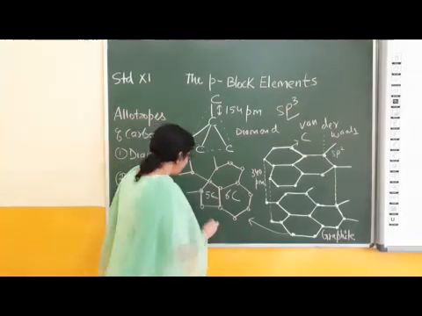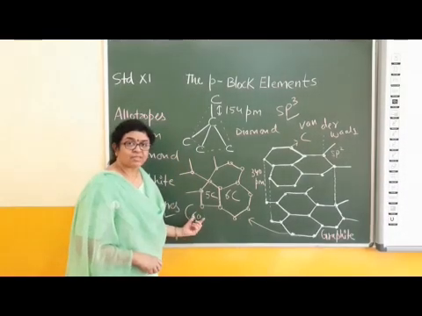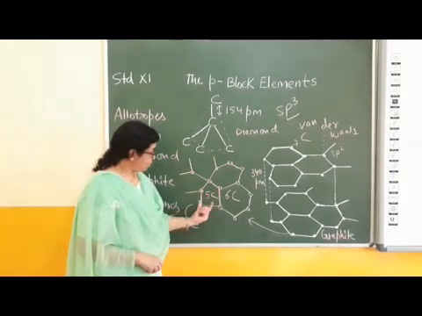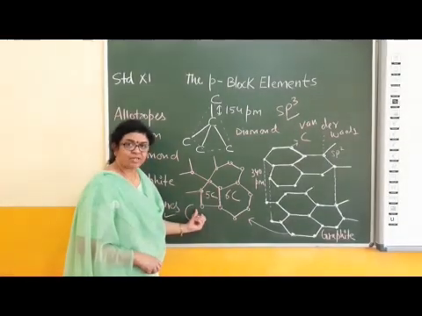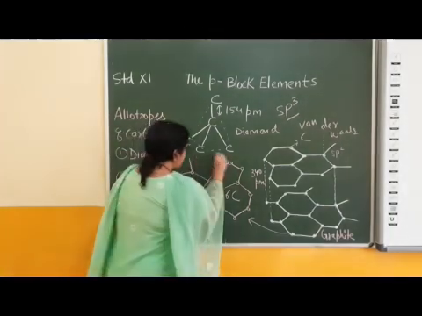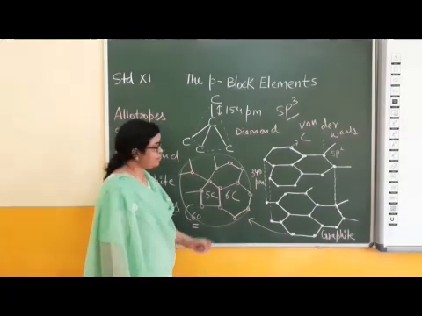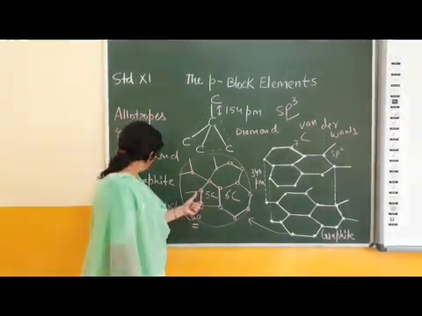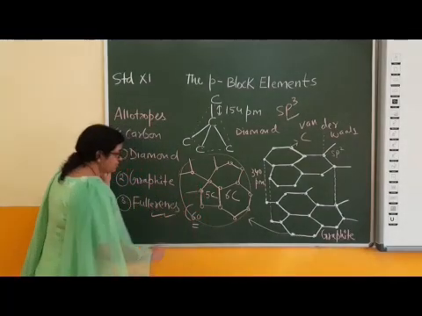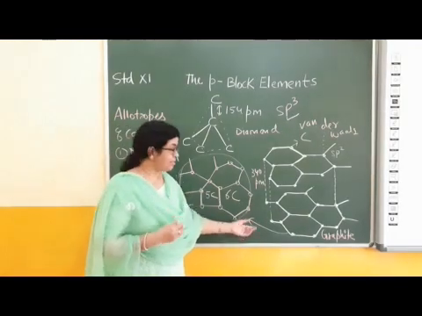Minimum C60 arrangement is obtained: 60 carbon atoms in one allotropic form, the fullerene. Then the football-like shape is obtained. Important question: which allotrope of carbon is newly discovered? Fullerene. And the raw material of fullerene? Graphite.